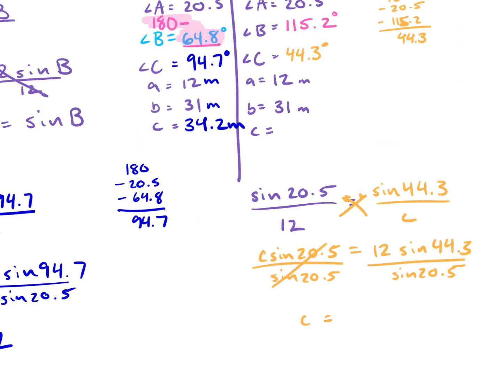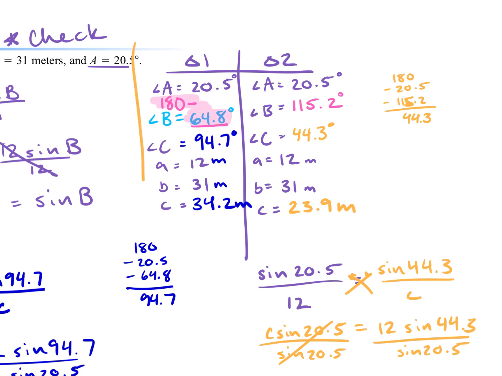So when we put this in the calculator, we get 12 times sine of 44.3 divided by sine of 20.5. You should get 23.9. 23.9 what? Meters. Awesome.